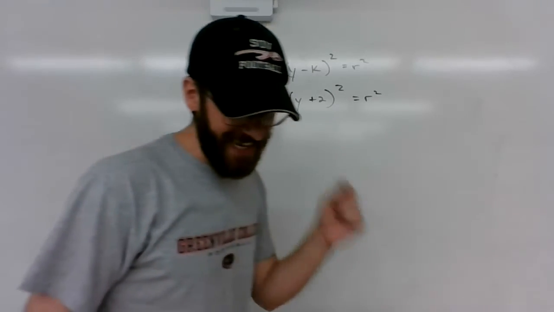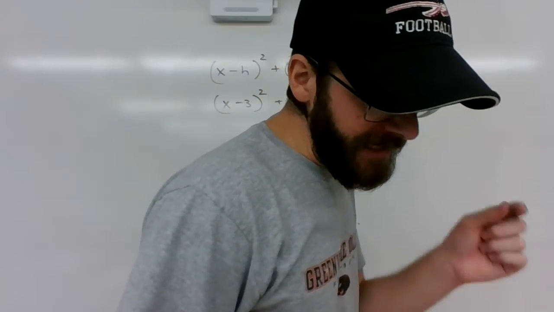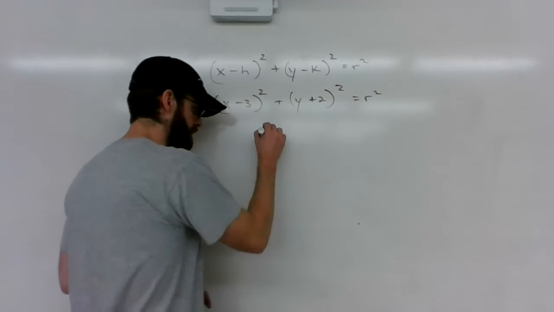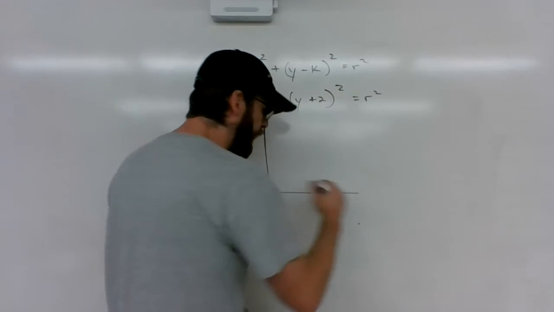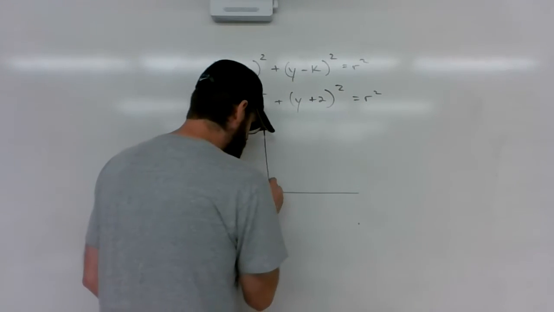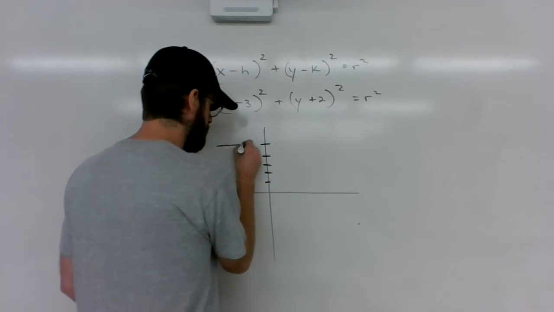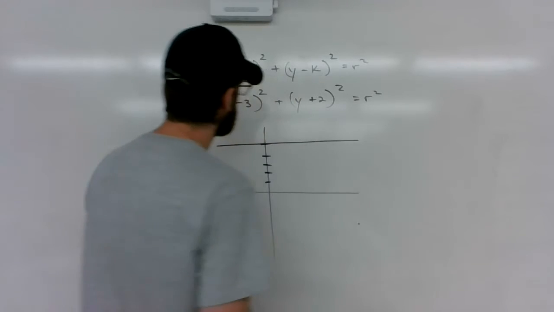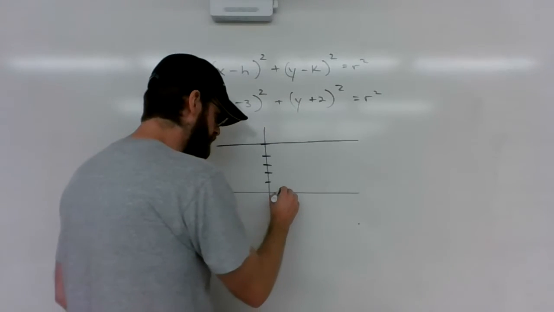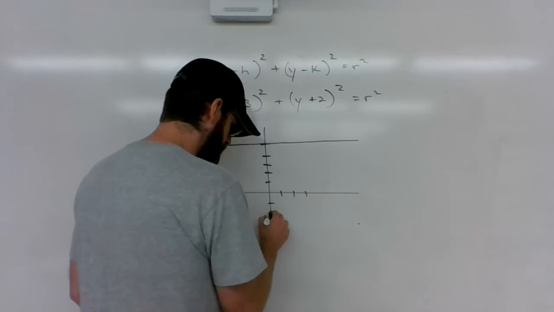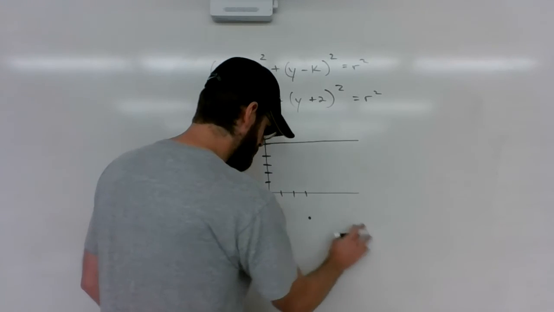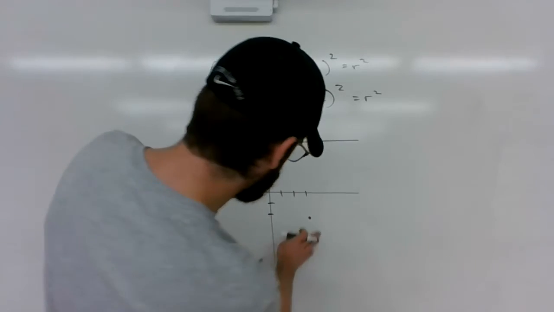Now we know it's tangent to the line y equals 5. So the way I'm thinking about this is, here's y equals 5. 3, -2 is here, approximately.